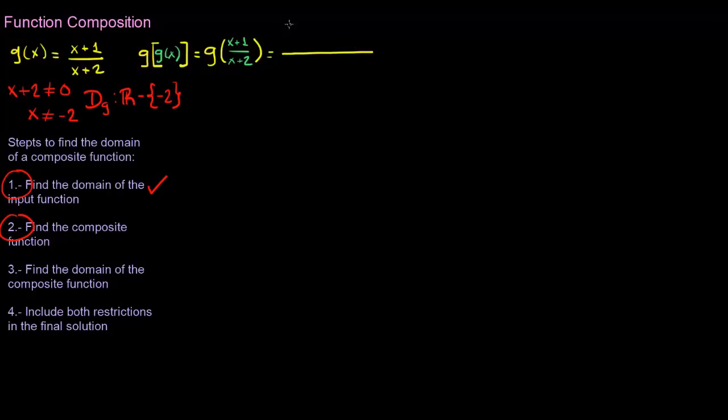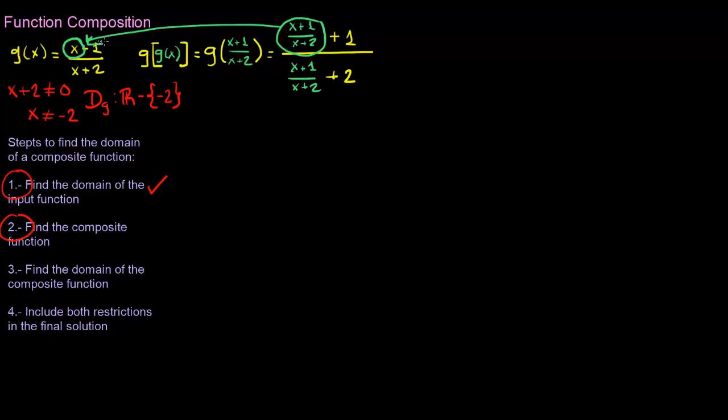I'm going to write it here, following the same colors. Here we have a plus 1, and here we have a plus 2. Now, notice something. This part of the expression corresponds with this x in g. And this one here below is the one that corresponds to this x here.